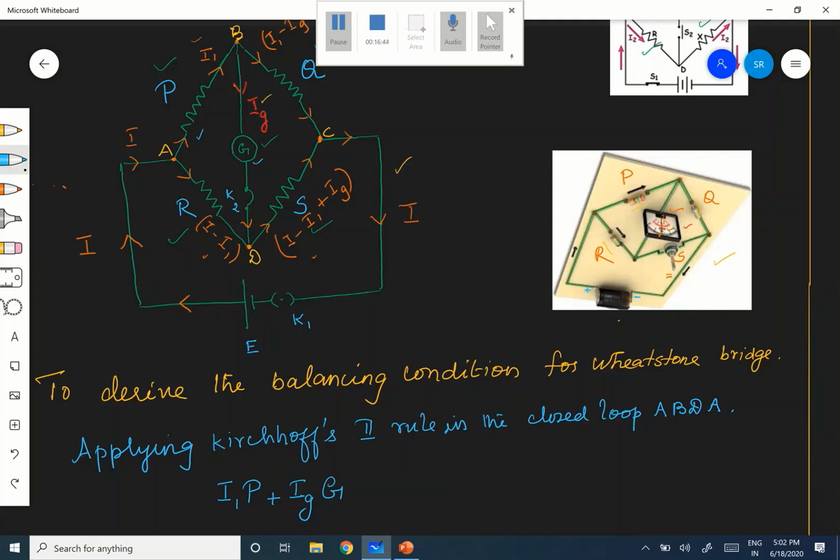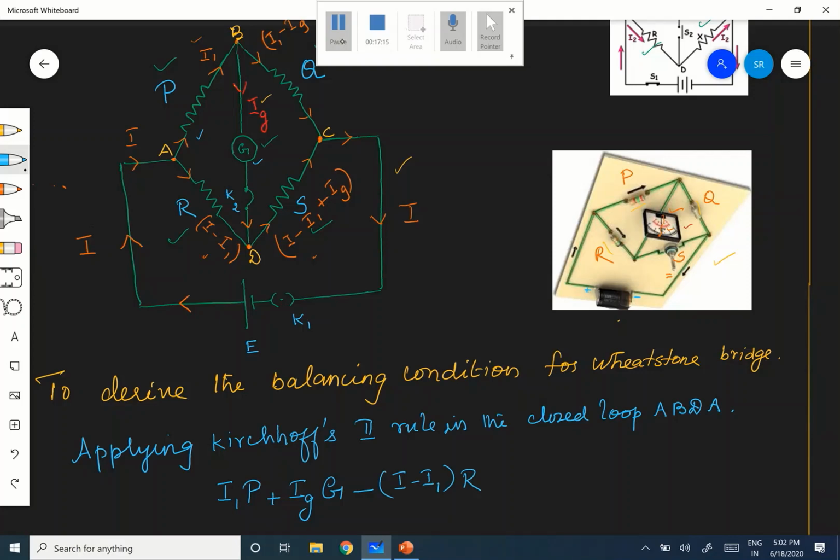IG into G. Now one more, because we are applying in A, B, D, A: what is DA? In DA the current direction is anti-clockwise, therefore it will be negative. The current here is I minus I1 into R, so minus I minus I1 into R. Hope you are following.